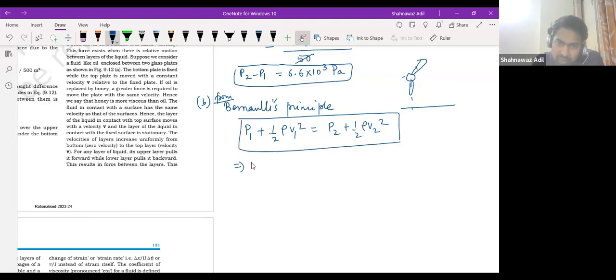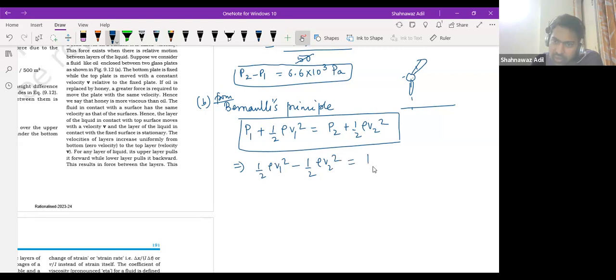So P1 plus half rho v1 square, right? And we have to find out the fractional change in v2, right? So if we take this thing to the other side, we get half rho v1 square minus half rho v2 square.